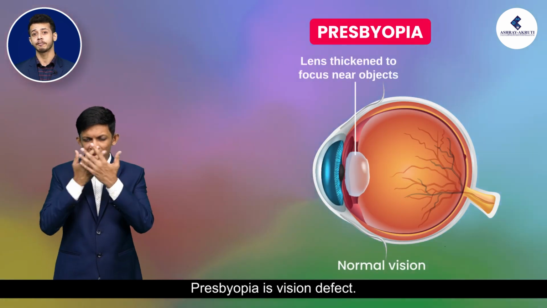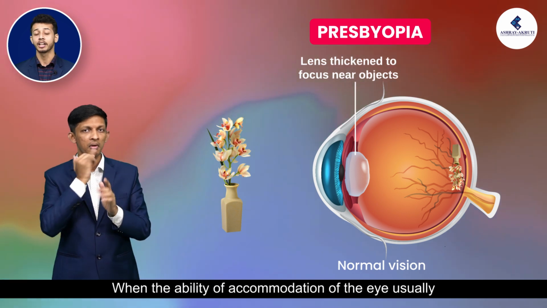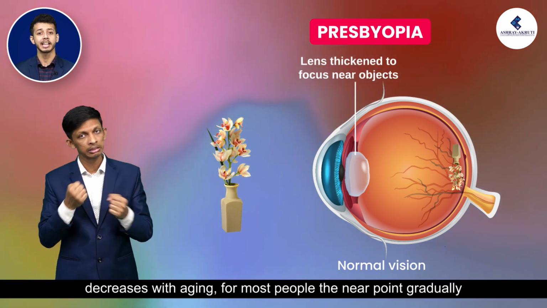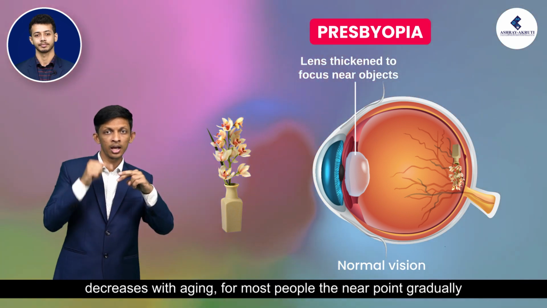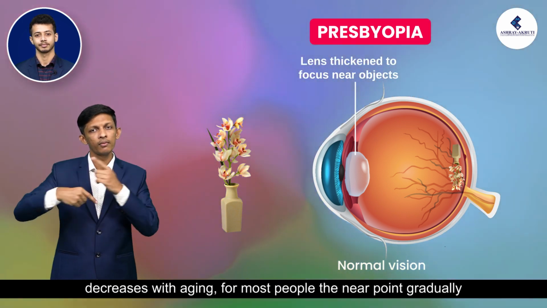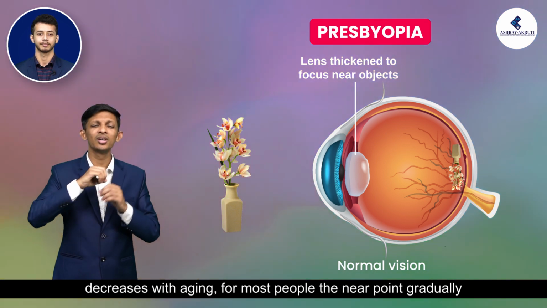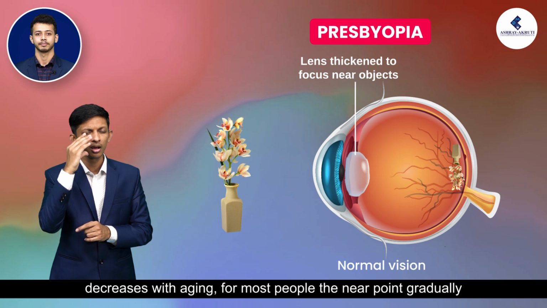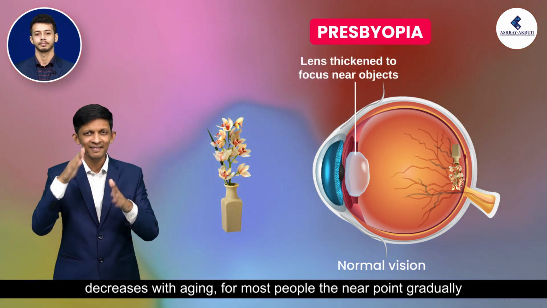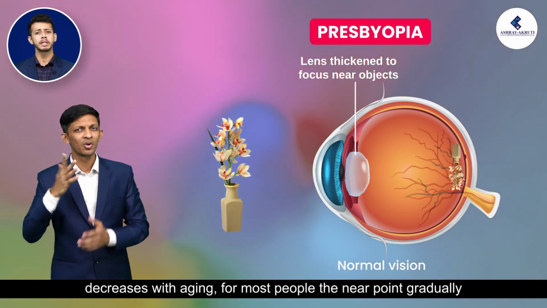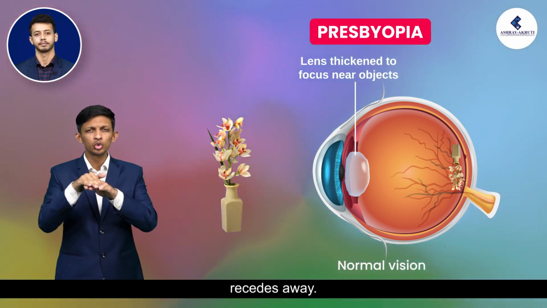Presbyopia is a vision defect where the ability of accommodation of the eye usually decreases with aging. For most people, the near point gradually recedes away.